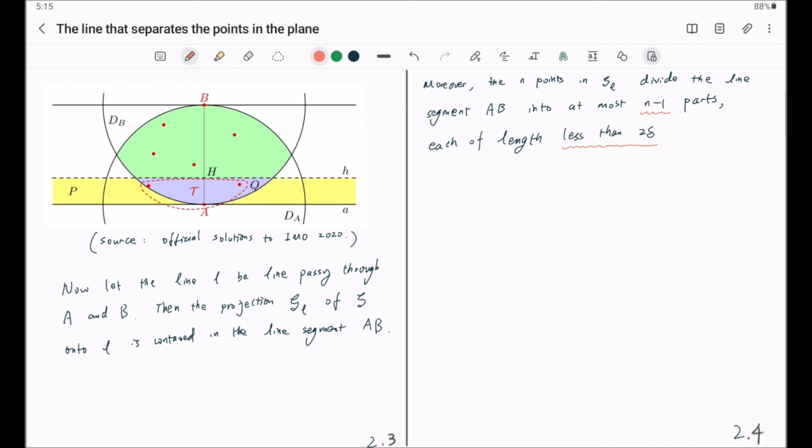So this is by our assumption that any two adjacent points x, y in S_L satisfy that the distance is strictly less than 2 delta.